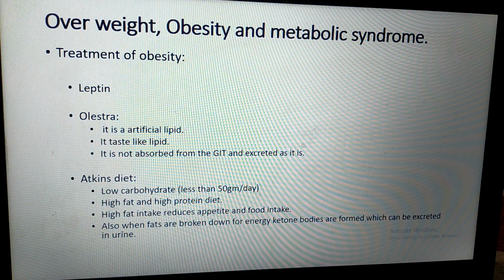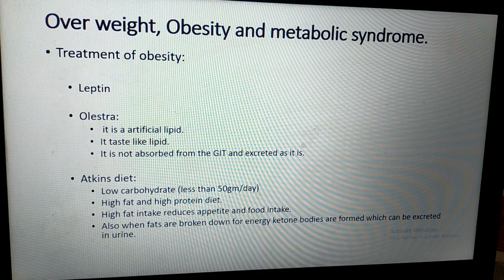When the fats are broken down, they will form ketone bodies. Now, one more advantage of this fat intake is that when a person takes more fat in the diet, it leads to reduced appetite, and when appetite is reduced, his food intake is also reduced. And as I have told you, when fat is utilized for energy, ketone bodies are formed in the body, and these ketone bodies are largely excreted through the urine.